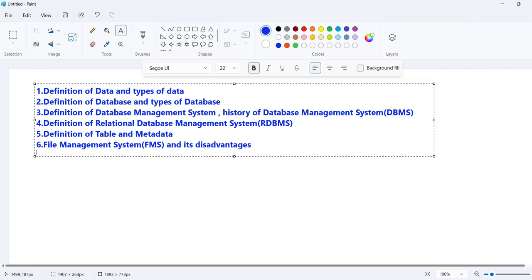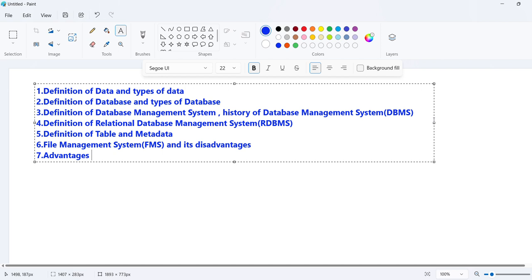Then we'll discuss the advantages of DBMS.